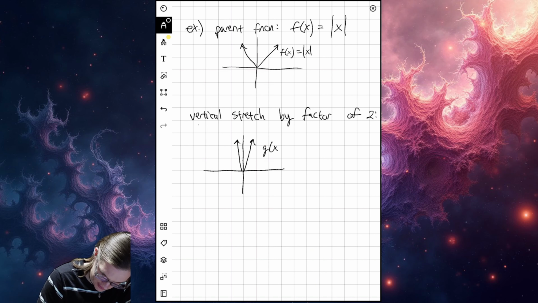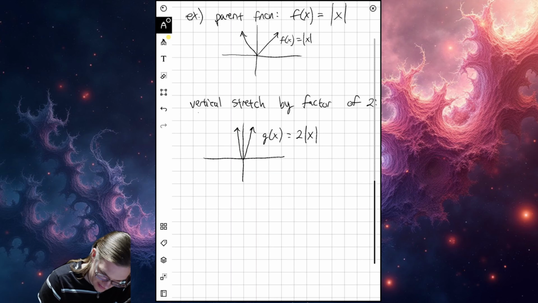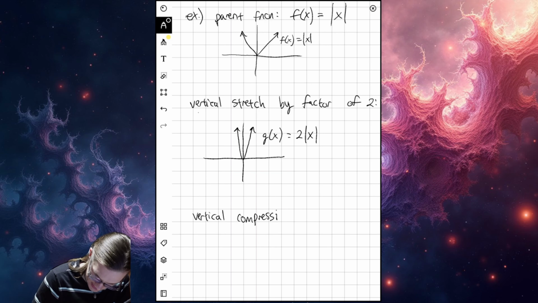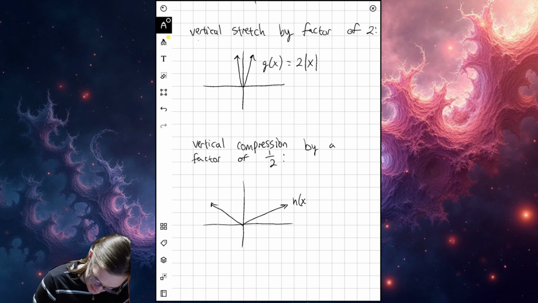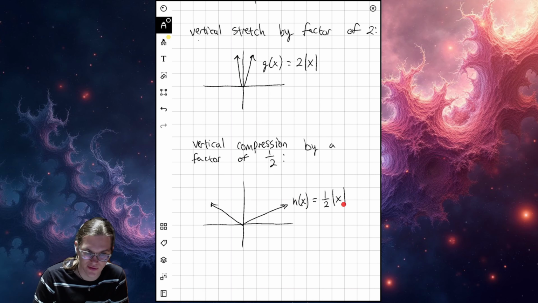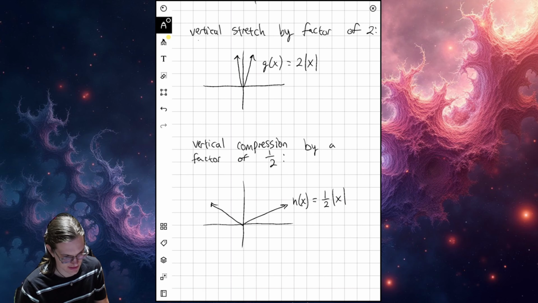So this would be g of x equals 2 times absolute value of x. See how it looks taller or stretched? Then vertical compression by a factor of 1/2 will look like this. It's more flattened. 1/2 of your original function is going to make it shorter, compressed vertically.